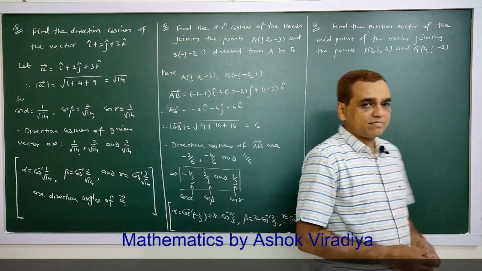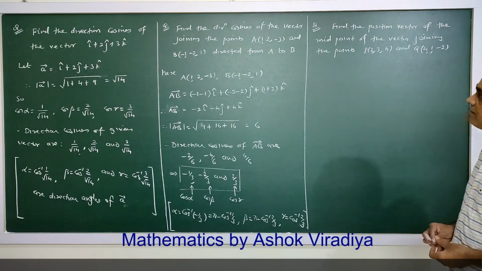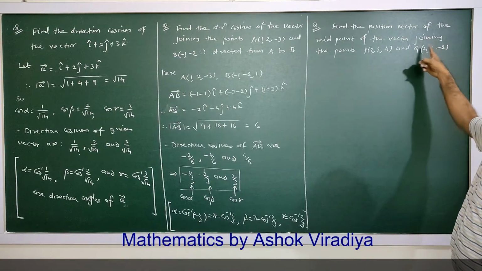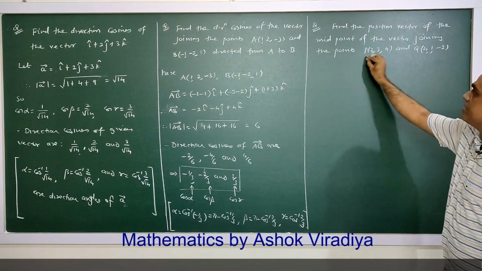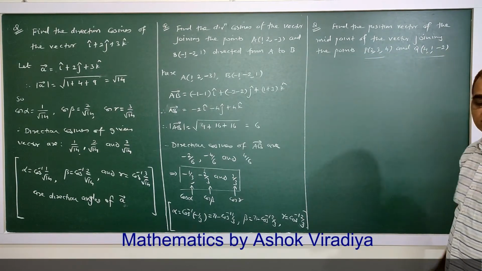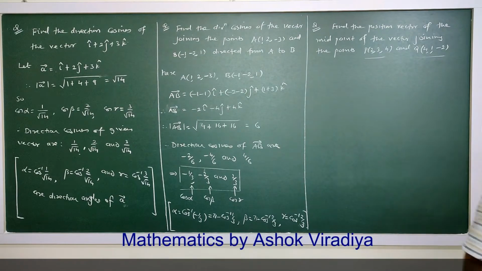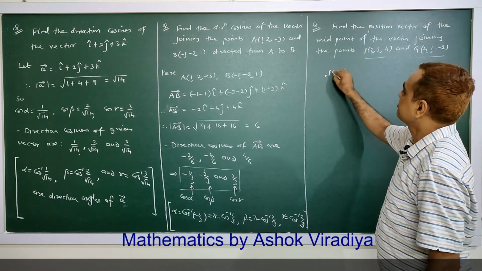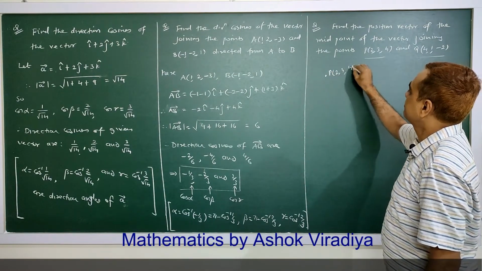Now in this question, find the position vector of the midpoint of the line joining the points P and Q. To understand this question, I am taking a diagram. In this question, coordinates of P and Q are given. Suppose that this point is P, 2, 3, 4.